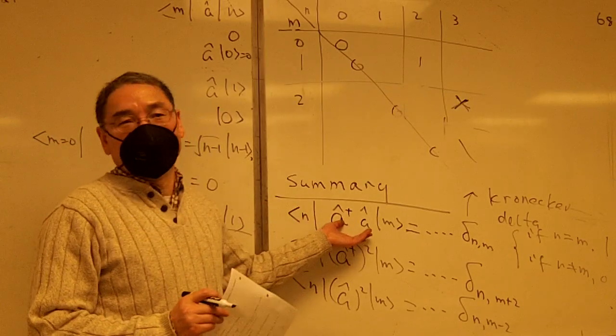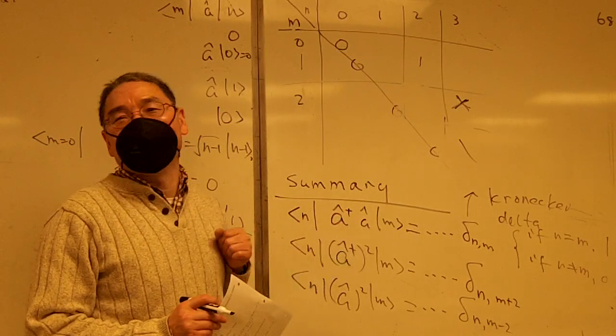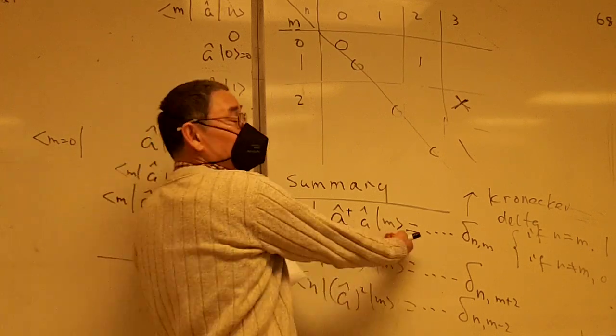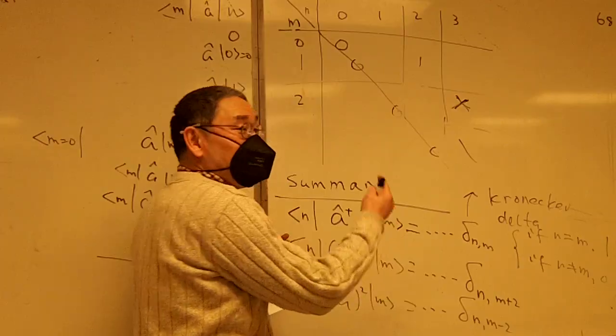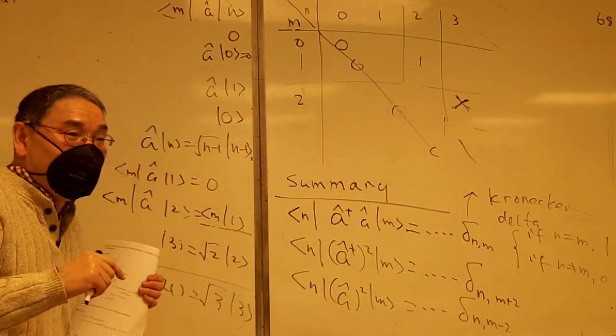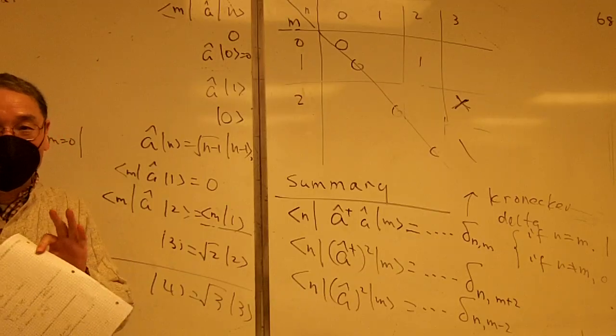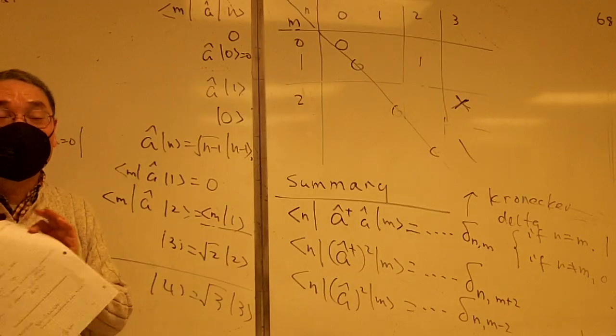Diagonal terms will show up something like this. You have some coefficient in front. For this reason, I always use this one, which is much simpler. If you use a dagger alone, then you will end up in a situation where you cannot immediately use this. So there's a waiting time: when you see a dagger, you're going to convert to a dagger a, like this. That's how to do the calculation. If I have similar things on Wednesday's quiz, make sure you remember this.